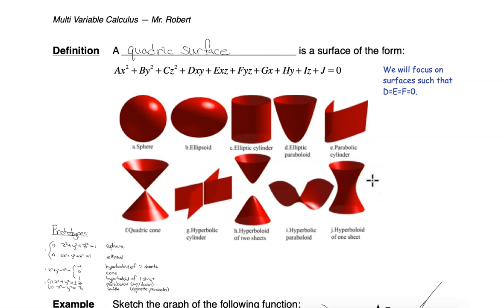What won't happen is that the cones will always be vertical or horizontal. The ellipses will always have their axes lined up with the x-axis, y-axis, z-axis, and so on and so on. If you start playing with D, E, F, then your elliptic paraboloids and so on will start to tilt in some directions.